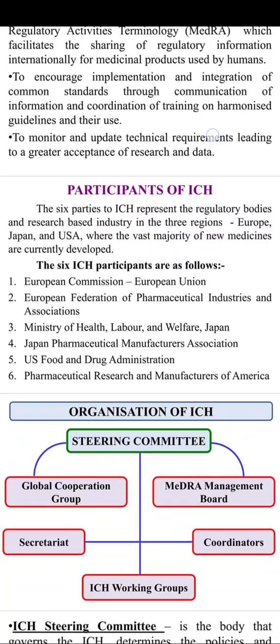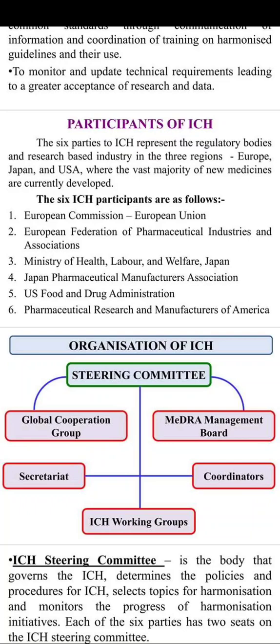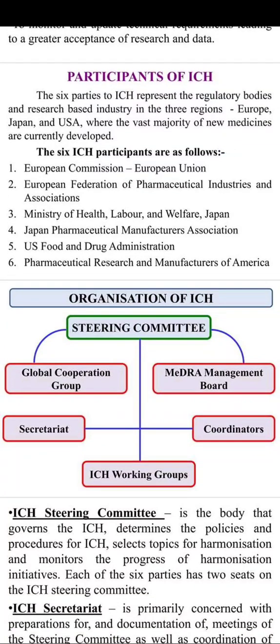The six ICH participants are as follows: European Commission, European Union; European Federation of Pharmaceutical Industries and Associations; Ministry of Health, Labour and Welfare of Japan; Japan Pharmaceutical Manufacturers Association; US FDA, the US Food and Drug Administration; and Pharmaceutical Research and Manufacturers of America.